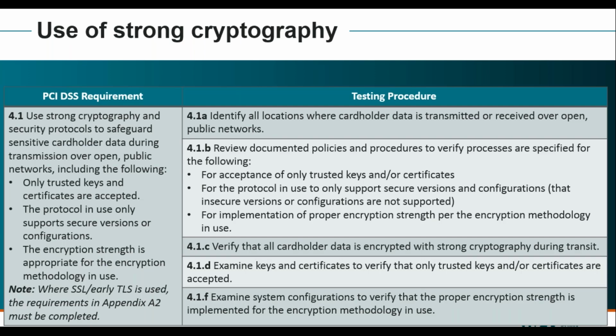Now, use of strong cryptography. It is again required. Understand over here, you may say, open public networks, transmission over open public networks, where is the wireless in this? But understand one thing: if you read this standard requirement, below that you will see wireless networks are treated as open public networks.